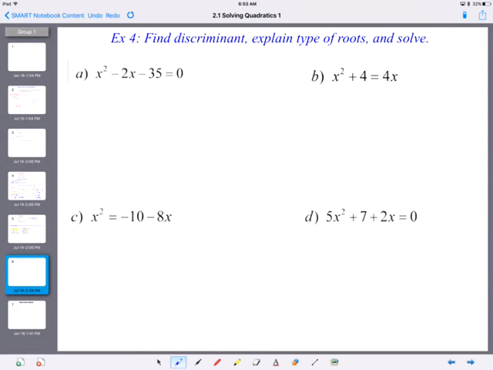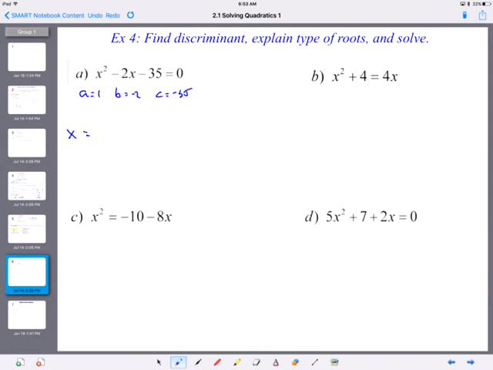First one, x squared minus 2x minus 35 is equal to 0. You set it equal to 0 once again when y is equal to 0. You identify what your values are. So a is equal to 1, b is equal to negative 2, and c is equal to negative 35. Now you don't necessarily have to write those down, but that's what you're going to be plugging into your formula.